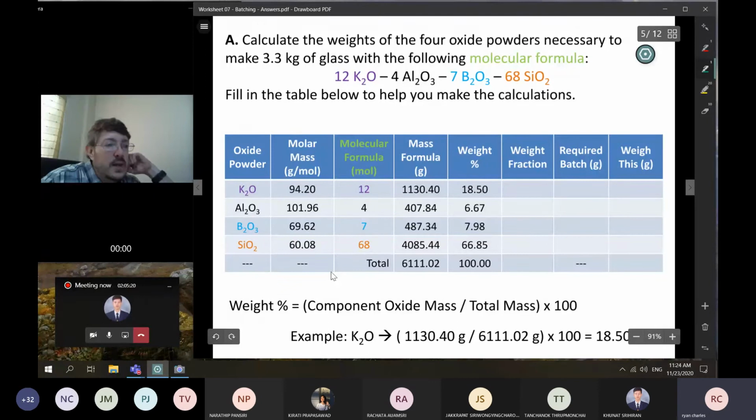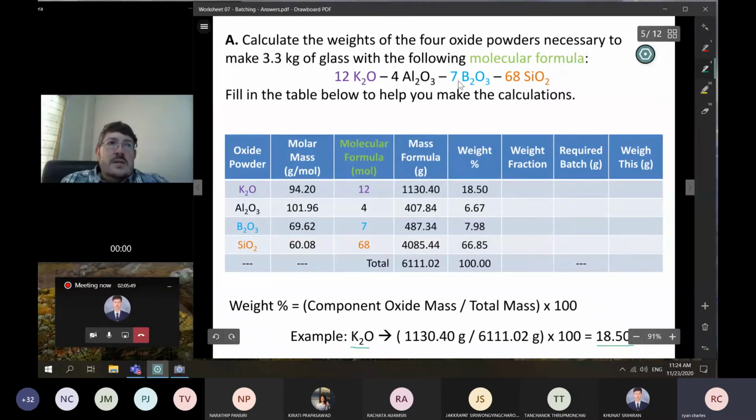So weight percent is the component oxide mass, the mass formula, divided by the total mass, multiplied by 100. That will give you the weight percent. So for potassium oxide, it was 1,130 divided by 6,111 times 100. And you get 18.5%.